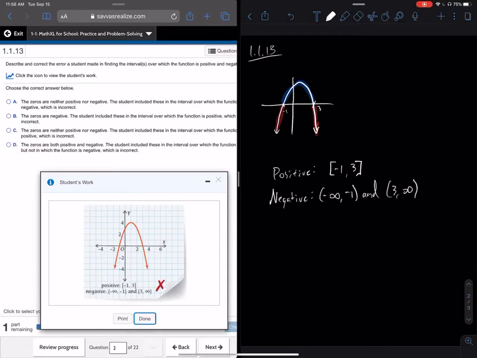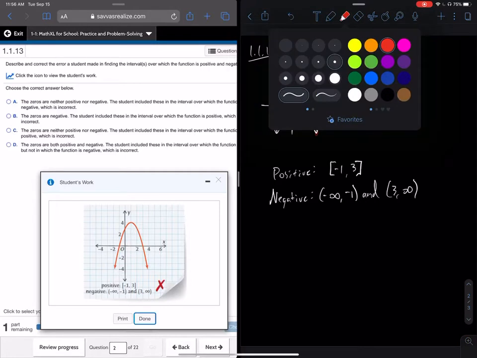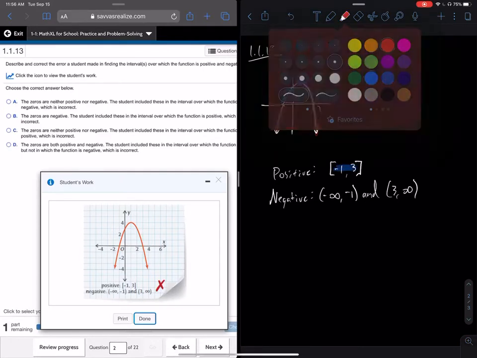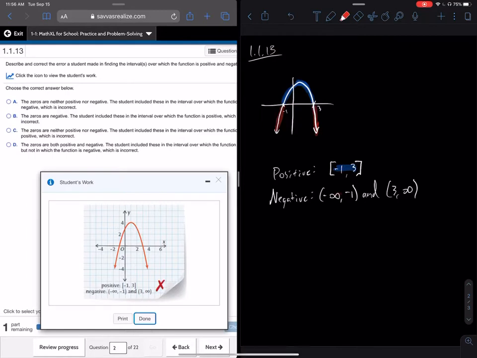So the first thing I notice is that the numbers actually look good. All right, positive, like we said, was from -1 to 3. That's okay. So this is all right here. The negative part, -infinity to -1 looks good, and 3 to infinity looks good to me.